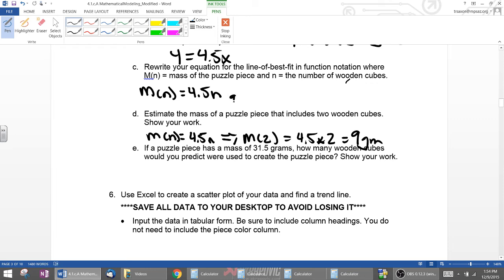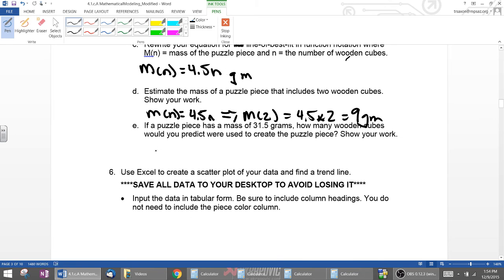I should put grams as my unit of measure on each of these. Conversely, if I have a puzzle piece that weighs 31.5 grams, I know that equals 4.5 times n pieces. I can divide that out and find that the number of pieces equals 31.5 divided by 4.5.